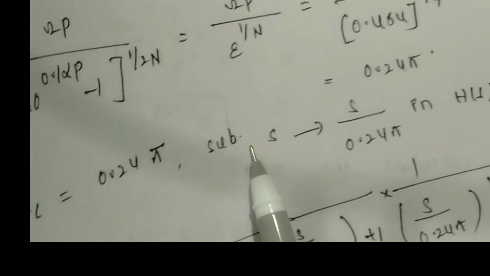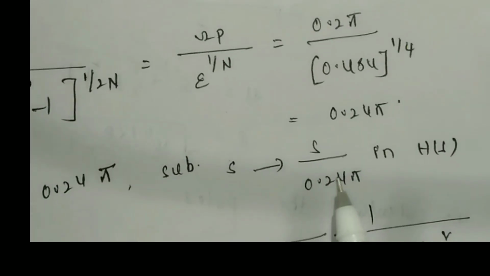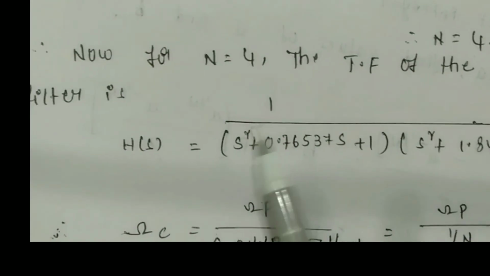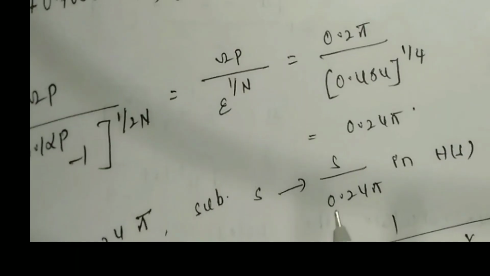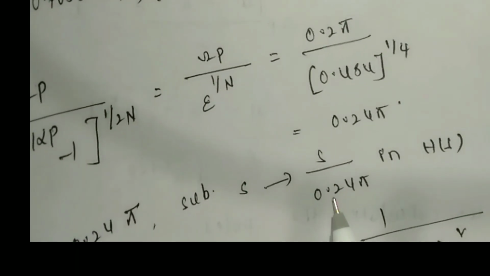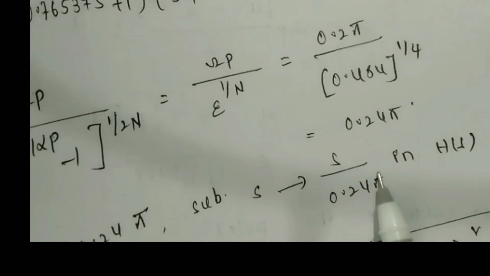So after substituting, in H of s, substitute s tending to s by 0.24 pi. In this H of s, we have to substitute each and every s value by s by omega c, because this is the actual transfer function.